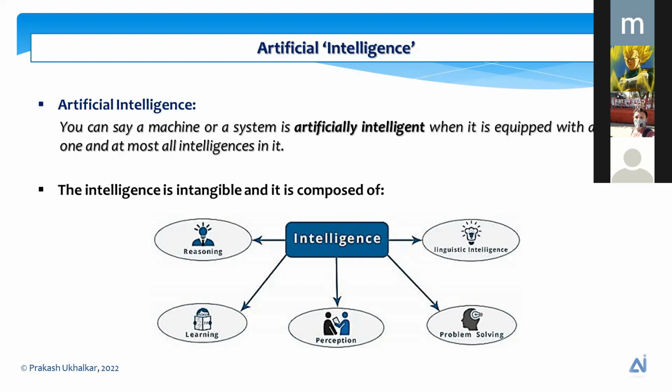artificial intelligence. So intelligence is intangible, which we cannot touch, which you cannot see, but you can observe and measure. And it is composed of these important components, as you can see in the picture: reasoning, learning, perception, problem solving, and linguistic skill. Reasoning, again, rational thinking, right? Reasoning is the set of processes that enables us to provide a basis for some judgments, conclusions, decisions, predictions.